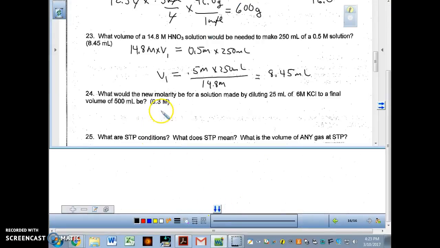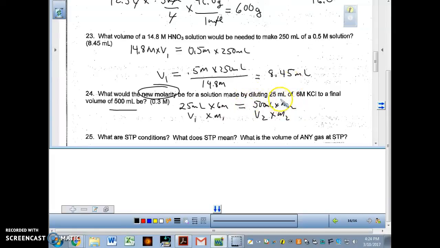What would be the new molarity for a solution made by diluting 25 milliliters of 6 molar KCl to a final volume of 500 milliliters? So 25 milliliters, that's going to be V1 times M1, which is 6 molar, equals, wants to know the new molarity, so V2 is 500 milliliters, and this is going to be M2.